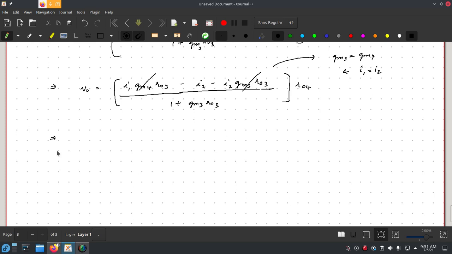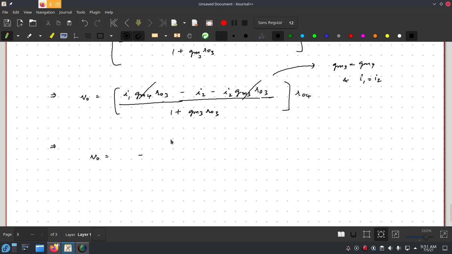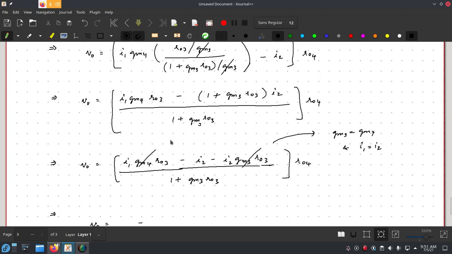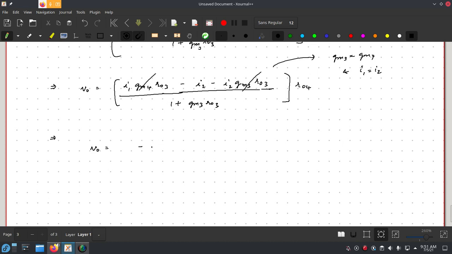So V naught is actually left with minus I2 R04 divided by 1 plus Gm3 R03.